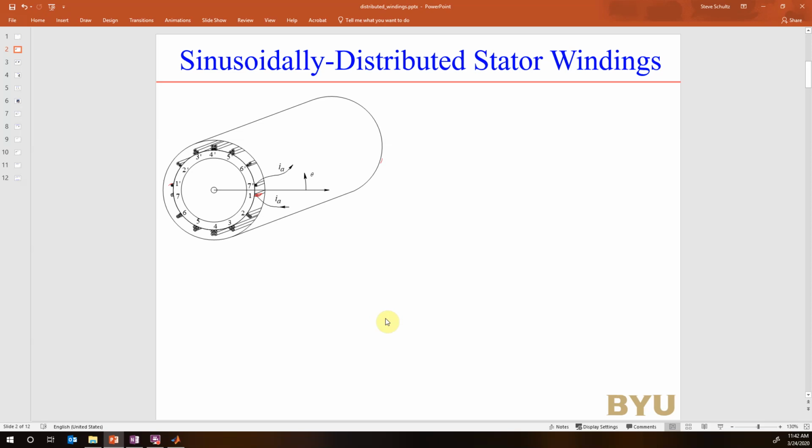The windings are increasing as we move up, and then when we come down the other side, they decrease. So we have more windings vertically up here and fewer windings down here at this axis. All these windings are connected, and we have one current that comes into the winding, wraps around everything, and then comes out.